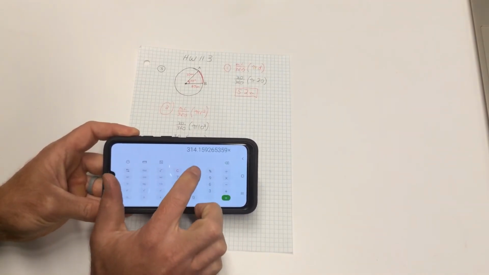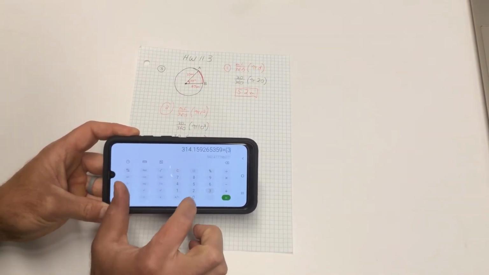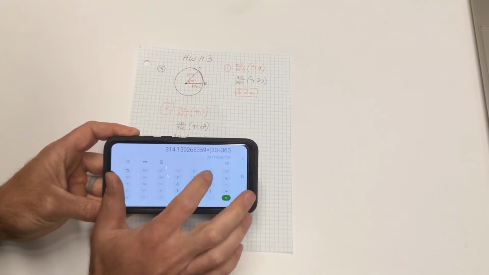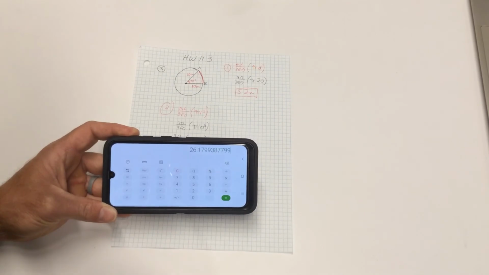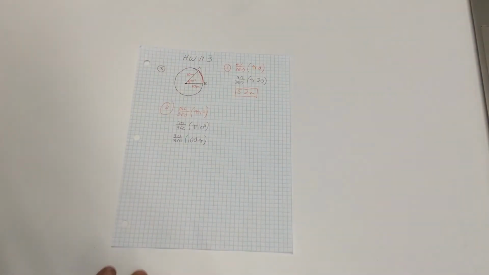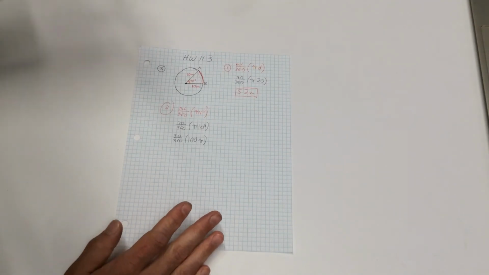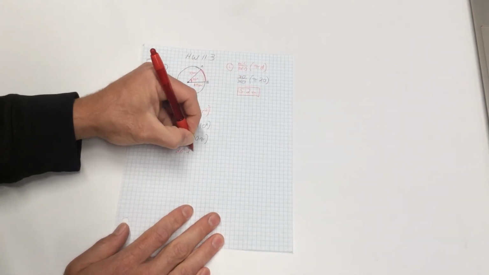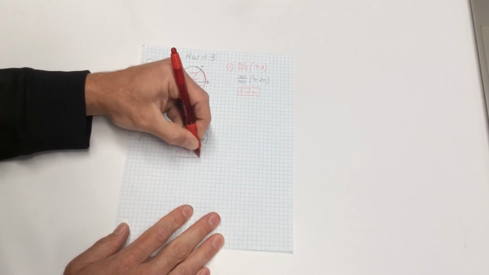So times, once again, 30 divided by 360. 26.2 meters squared. Yep, there we go. 26.2 meters squared. And that's the area.